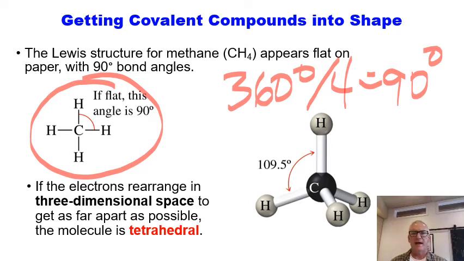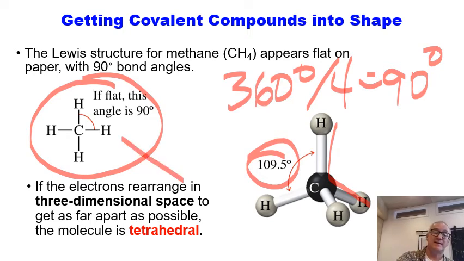And when we do that, we can see that the actual bond angle, the angle between a hydrogen, a carbon, and another hydrogen, is actually 109.5 degrees. It's not 90 degrees. That tells us that this is not a 2-dimensional shape. It's a 3-dimensional shape. And that 3-dimensional shape is a tetrahedron. It's like a tent. These things are bent.